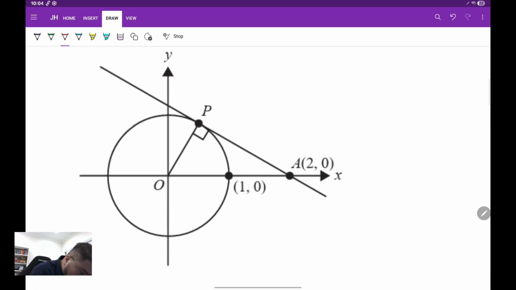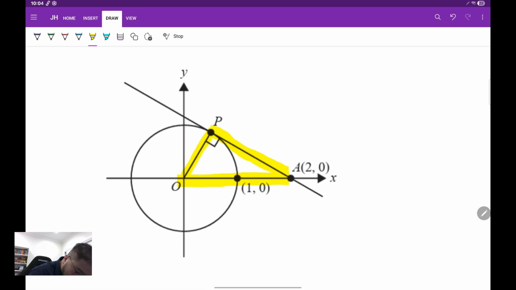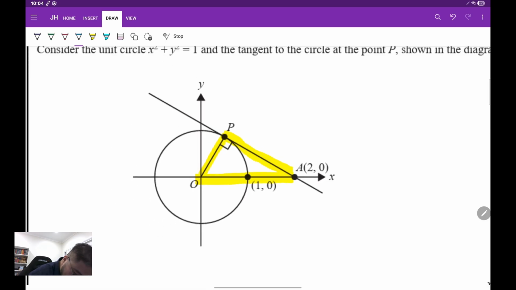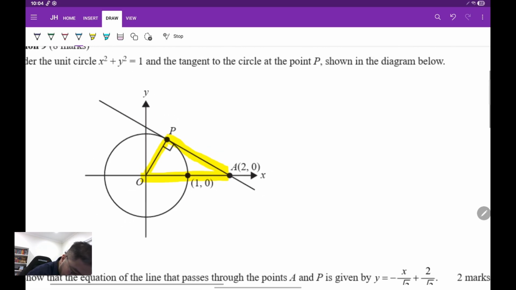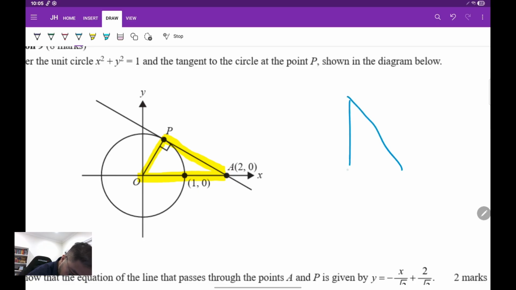Now, this unit circle here, we need to, I guess, extract this triangle that we've got here. And we can recognize that there is a length of 1 because it's a unit circle. So that length there is 1. And this coordinate here, the hypotenuse, will be 2.